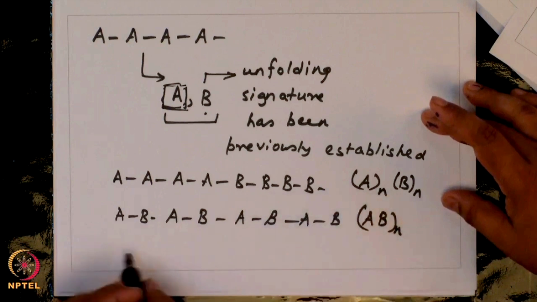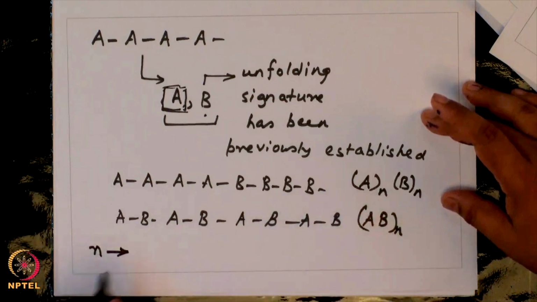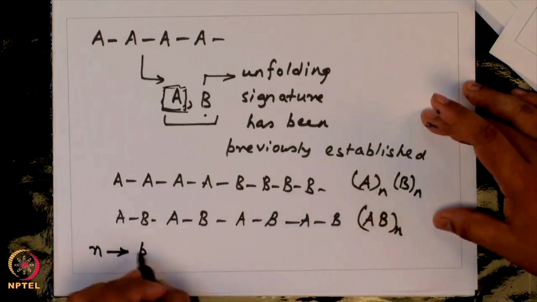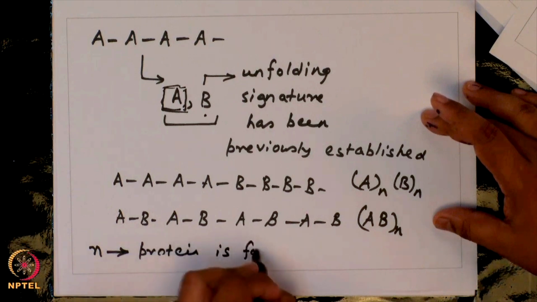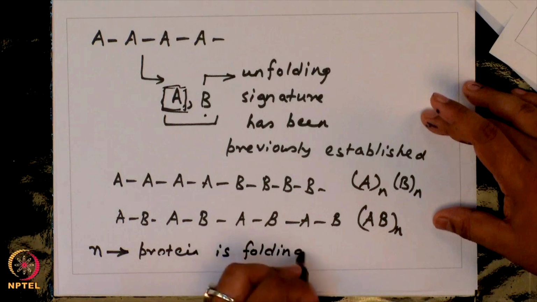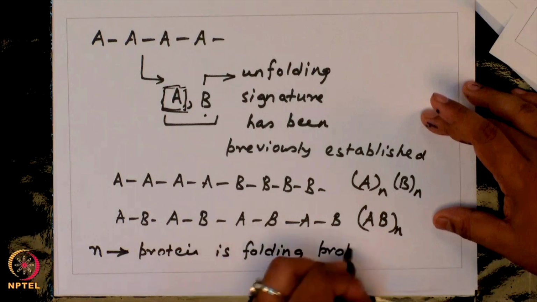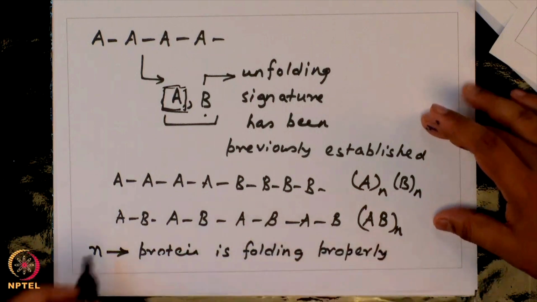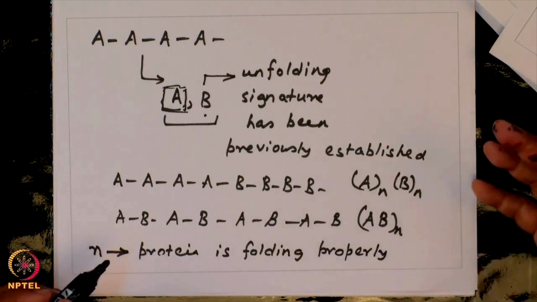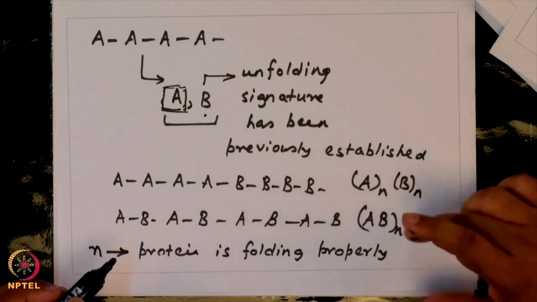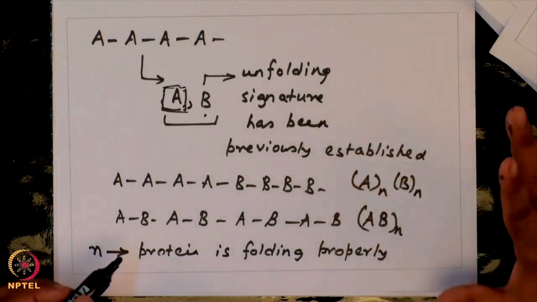So, n may be variable. You choose n such that at least you know that the protein is folding properly. So, your n might be 3 in one case, or it might be 4 in another case. But you need to make sure that this protein is folding properly.